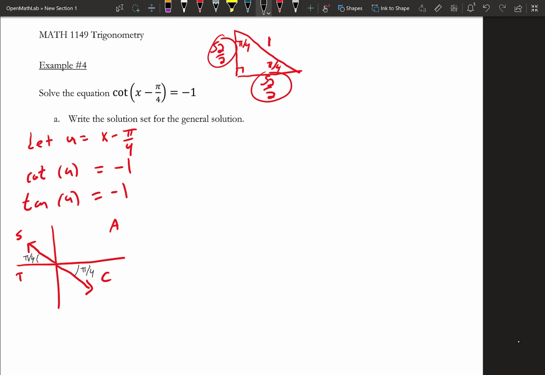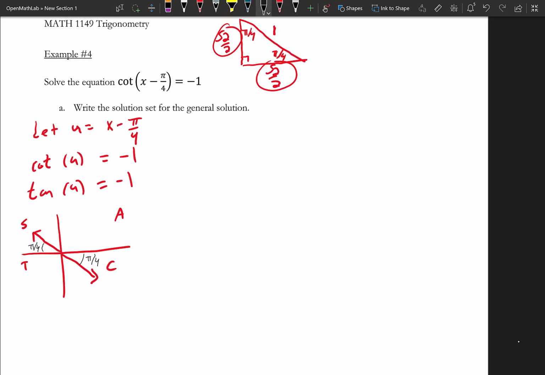So to find those, u would be equal to pi minus pi over 4. That's going to generate this one in the second quadrant. And then u would equal 2 pi minus pi over 4. That would give me this one here.